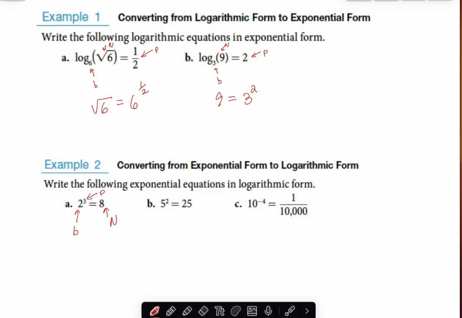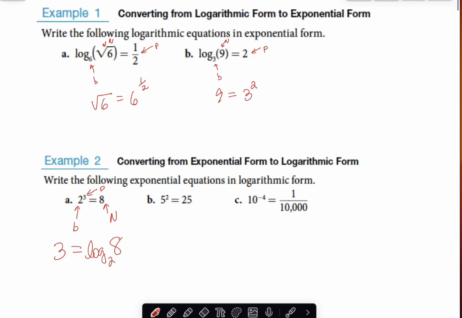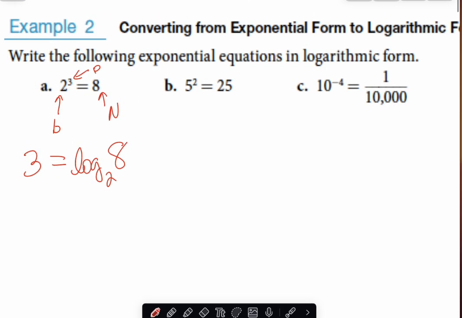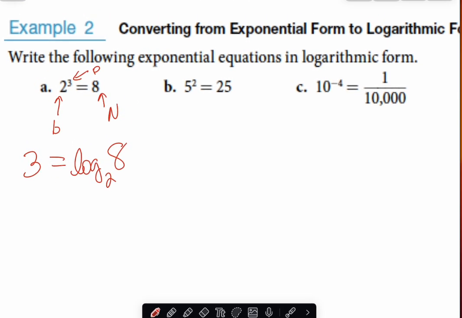And so the power of 3 equals log base 2 of the number 8. What that really is saying is, what power would I put on the base 2 to get the number 8? The 3rd power. The answer to a logarithm is the power that you would use on that base to get the number inside.